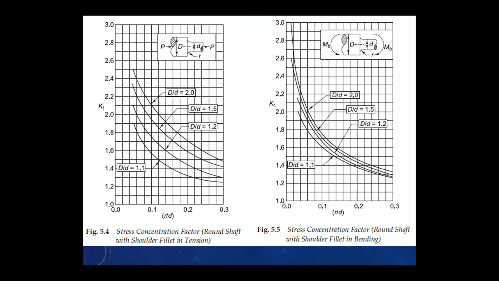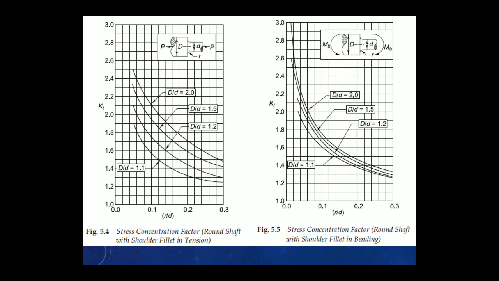For the stress concentration factor for the round shaft with shoulder fillet in tension, chart 5.4 is given on the left side. Similar to the previous chart, we can find the stress concentration factor with the given D by d ratio and r by d ratio as shown in the figure.